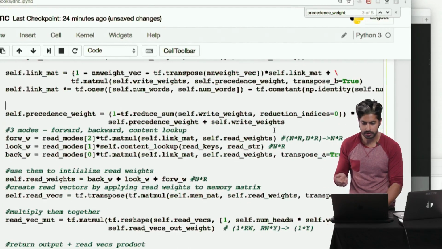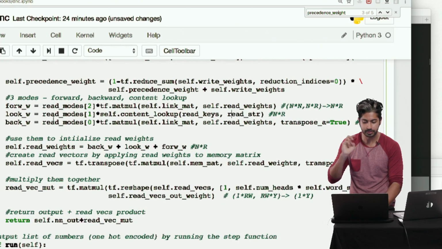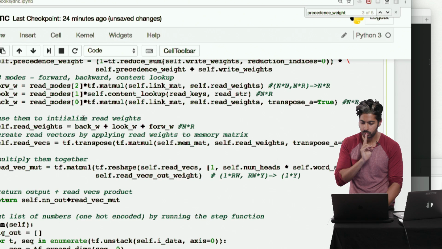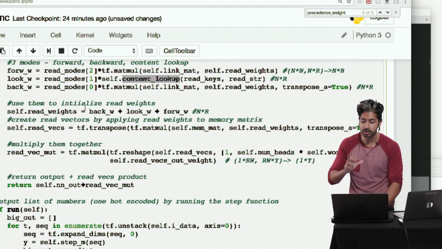Okay, so now we're going to define our three modes. Remember our read modes: forward, backward, and content lookup, by using matrix multiplication on our read weights, okay? For three modes. And these are all differentiable. All the modes are differentiable. And for lookup, we're going to initialize it using content lookup. And then now we can initialize our read weights using those three modes.